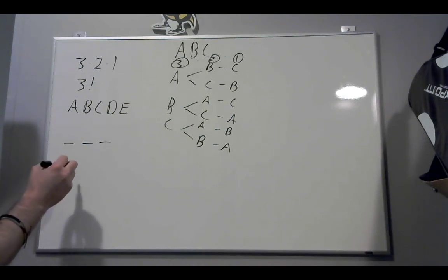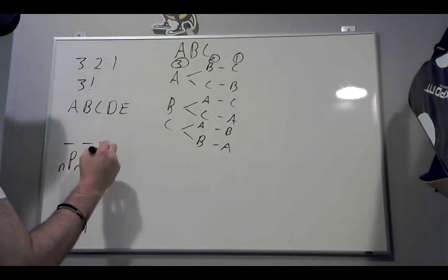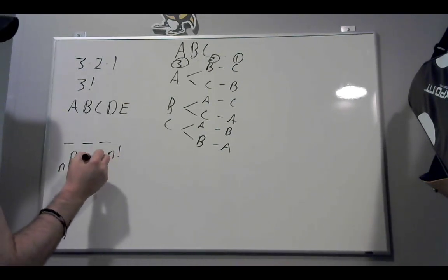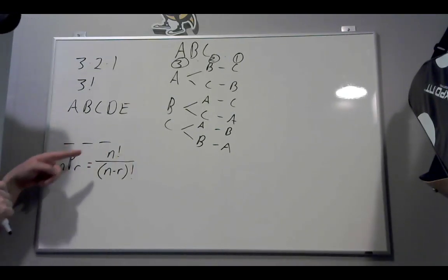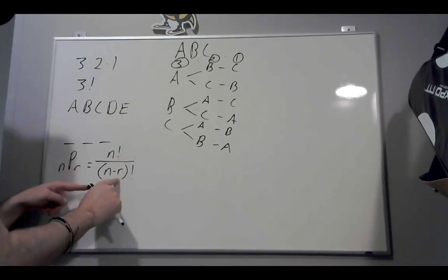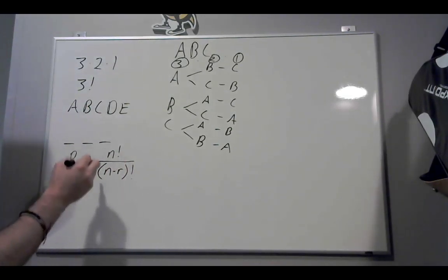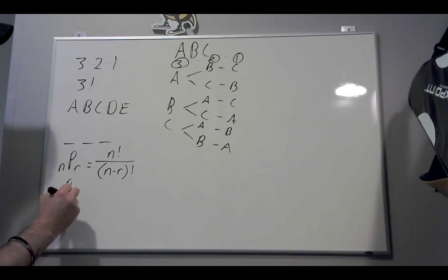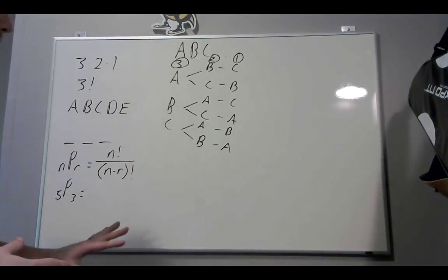We saw the formula for nPr, which is equal to n factorial over (n minus r) factorial, where n is the total number of objects, so I had 5 objects here, and r is how many I wanted, and I wanted 3. So in this case, this would have been 5P3, and we could have figured out how many different options we had.